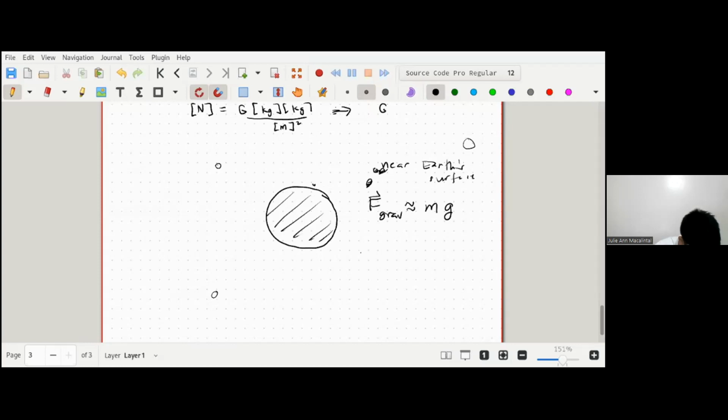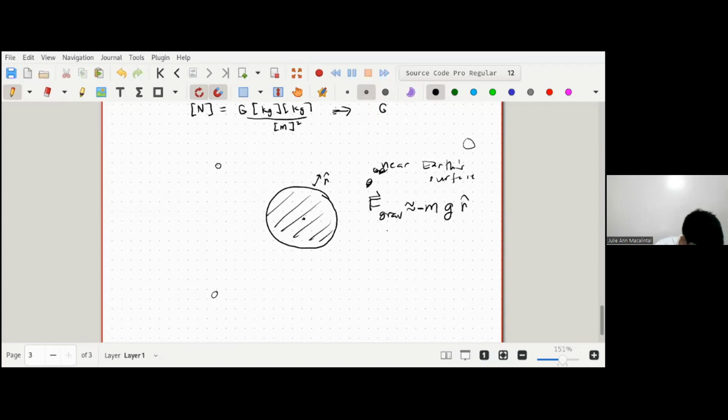The gravitational force is mg, and the direction is negative r hat. The r hat is a unit vector pointing away from the center of the Earth. So the negative sign means the gravitational force is pointing towards the center of the Earth.